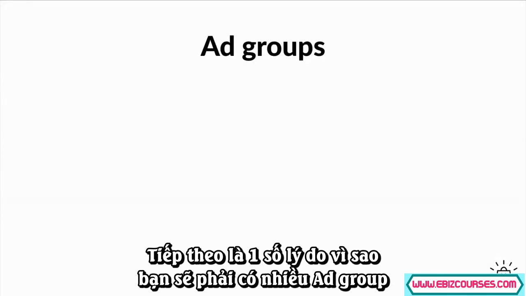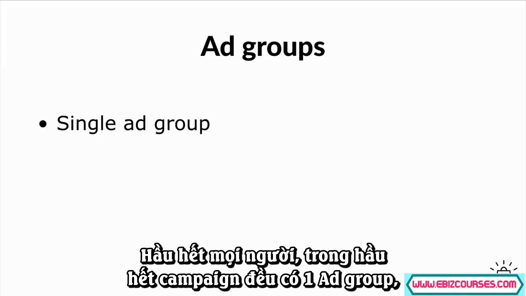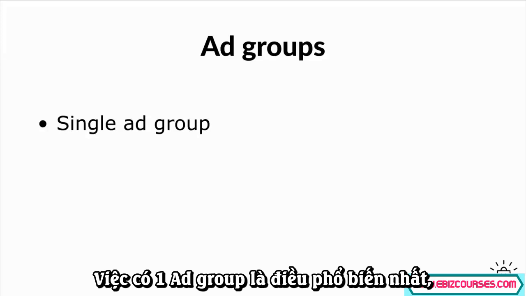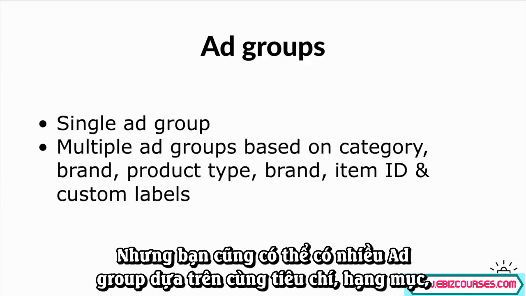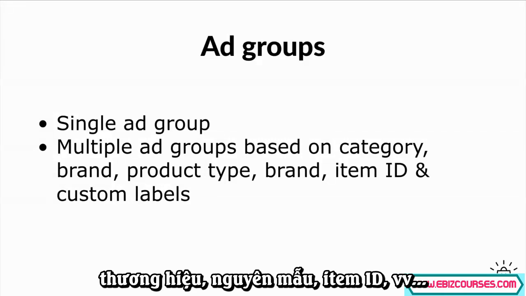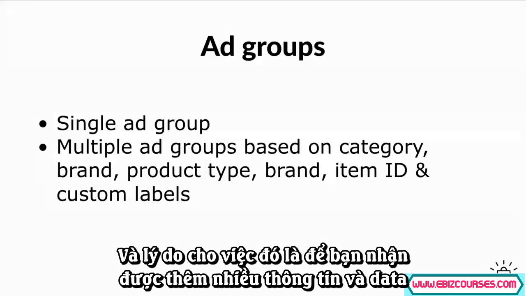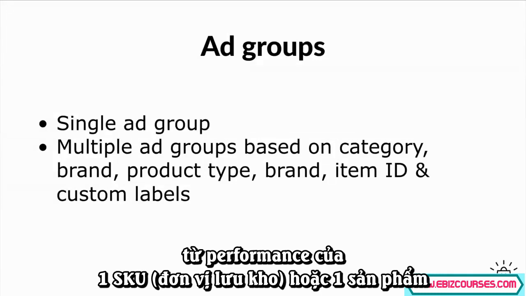Next are some reasons why you would have multiple ad groups. Most people in most campaigns have one single ad group, and this is the most common, to have one ad group and then have a product group that you subdivide according to your wishes. But it's also possible to have multiple ad groups based on those same criteria: category, brand, product type, item ID, etc. The reason for that is that you get a lot more information and data on the actual performance of an individual SKU or product.